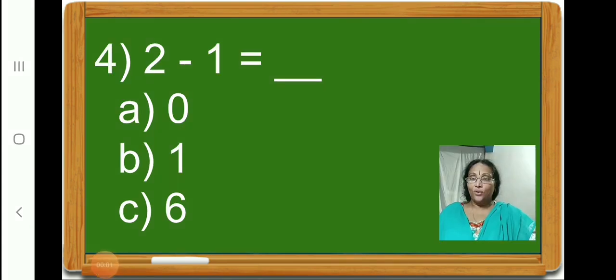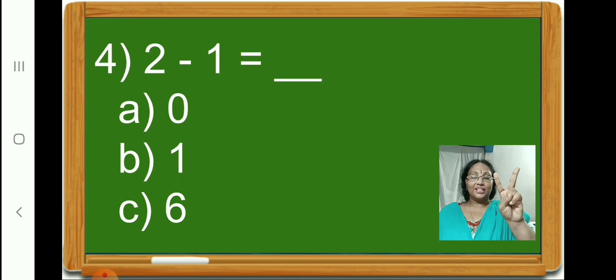Children, now let us solve question number 4. 2 minus 1. Children, here we have to minus number 1 from number 2. So children, let us open 2 fingers and we have to minus number 1.